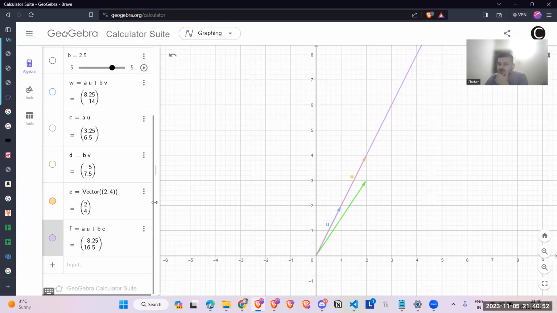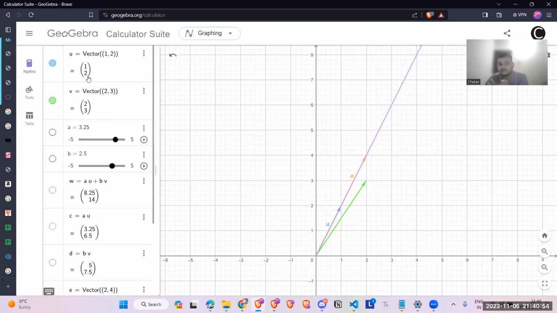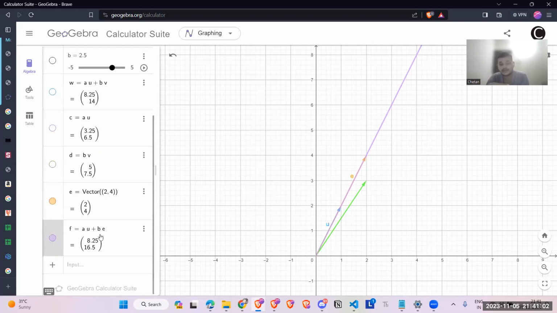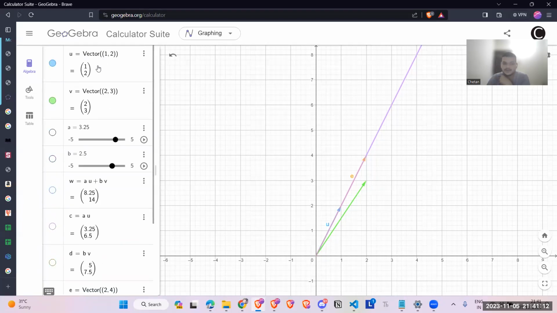We also saw that when we were scaling that vector u, we were getting only one line. Even when we were taking the linear combination with this vector 2 comma 4, we were again getting a line, not a plane. When we took the linear combination of vector 1 comma 2 with 2 comma 3, we were getting a plane.